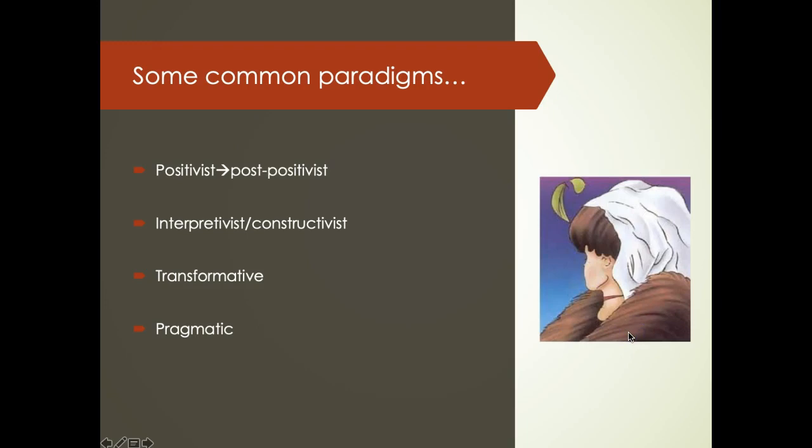Beginning with the historically predominant paradigms: positivist and post-positivist. When we talk about a positivist paradigm, we're talking about something that is deterministic, in the sense that it causes determined effects. For example, if you lower the temperature to 0 Celsius, water will freeze.